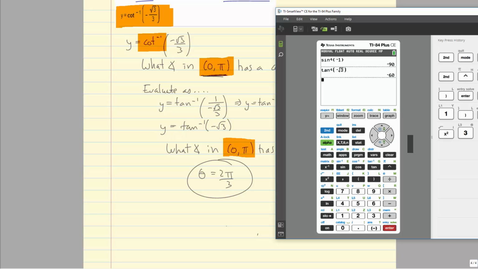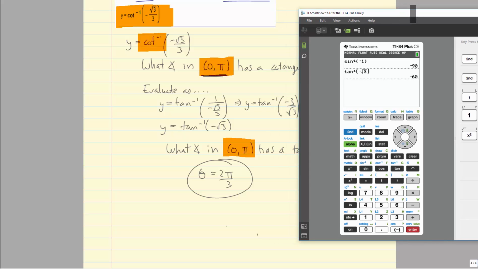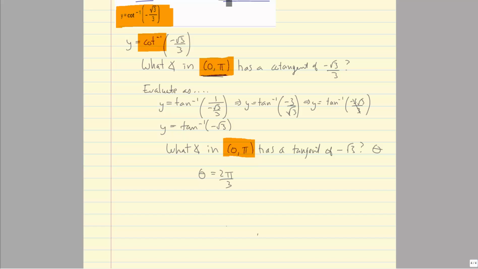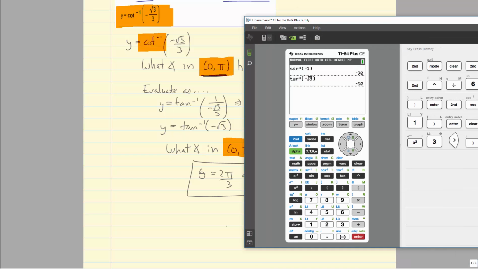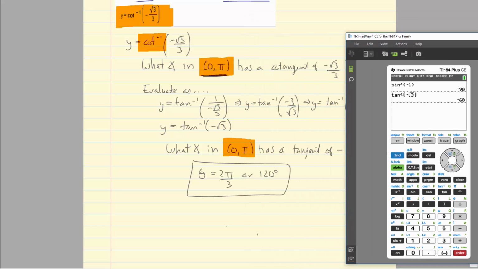And we're in degree mode, so this is a negative 60 degrees. 2 pi over 3 is 120 degrees, so I guess I could include that. But the calculator says negative 60 degrees. So why is that?